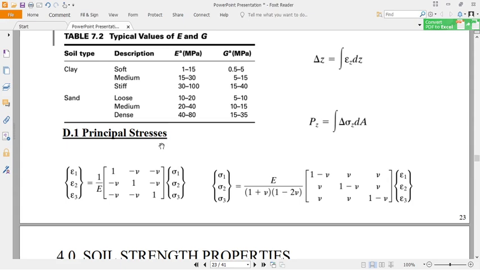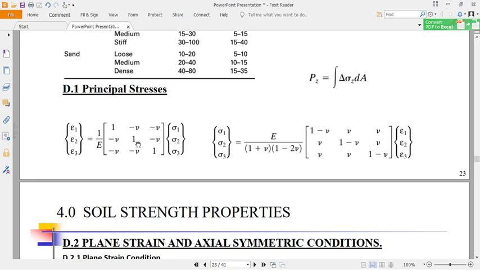Is that okay? So you get a 3 by 3. For principal stress, remember, the shear stress is equal to 0. Now this is the major model we'll be using, which comes from that side when I assume that the shear stress is equal to 0.